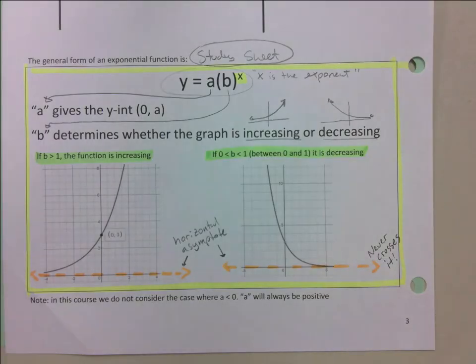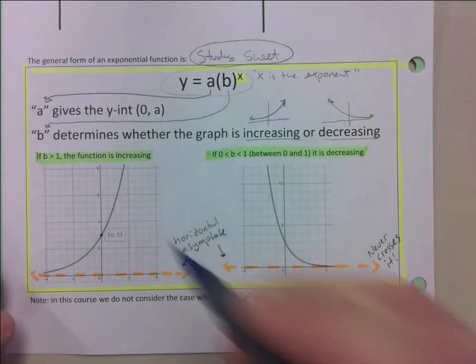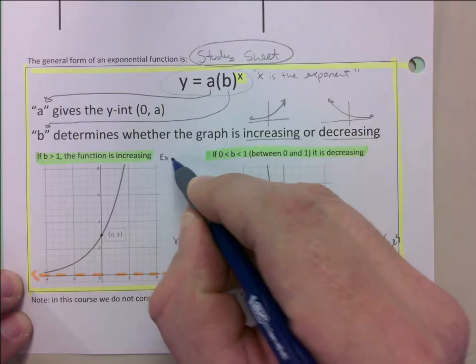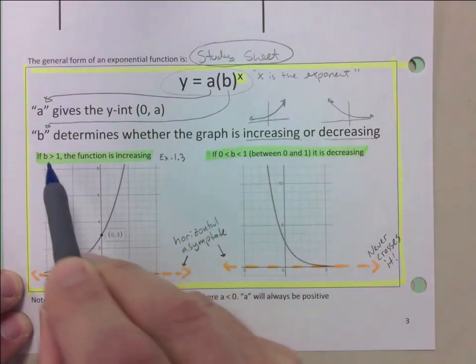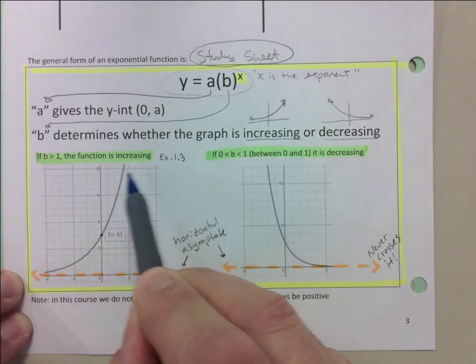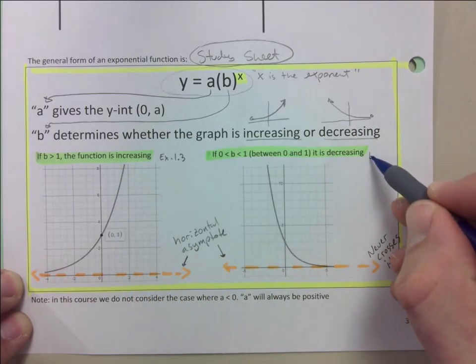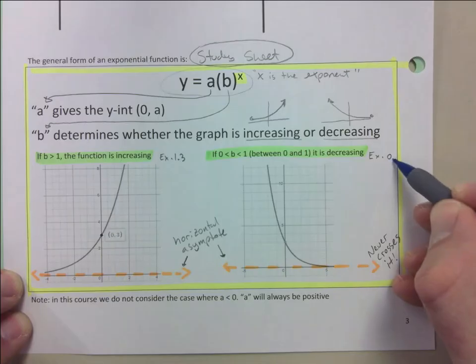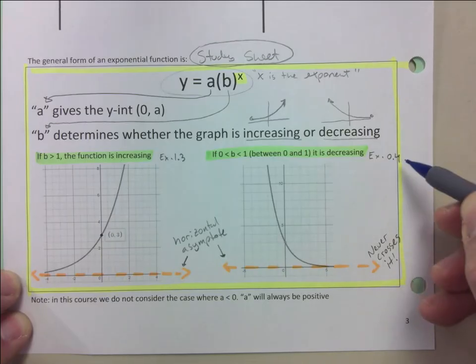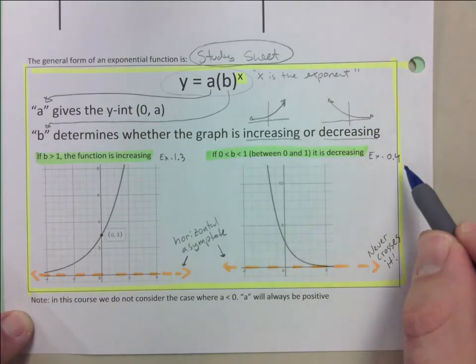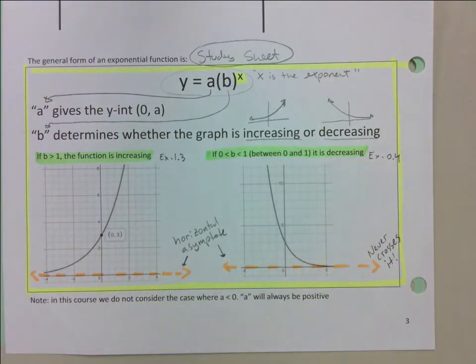I'm really trying to fit everything into this box here so that you can transfer this to your study sheet and be okay answering. Okay. So if you want an example, 1.3 would be an exponential. An example here would be 0.4 or something. Something that's between 0 and 1 would make it decreasing. Okay. All right, let's keep going.